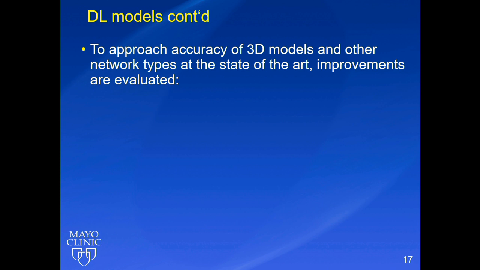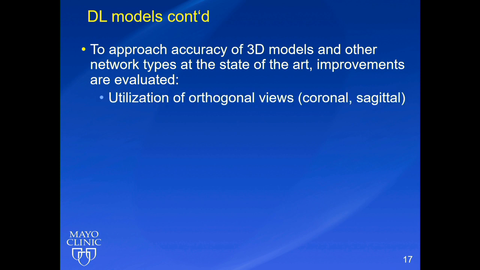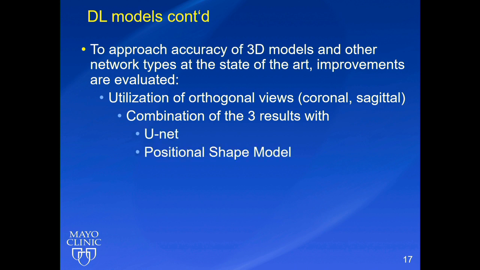So our idea there was to incorporate orthogonal views, coronal, sagittal, besides the axial processing, and then to combine these three results from axial, coronal, sagittal view all together, also with training another U-Net or just doing some averaging.